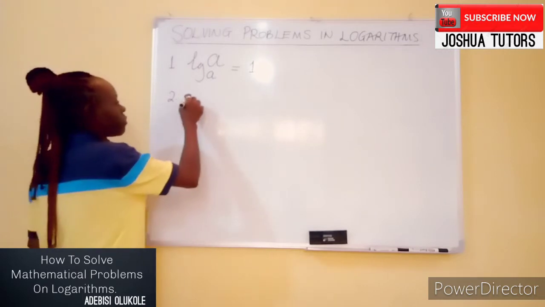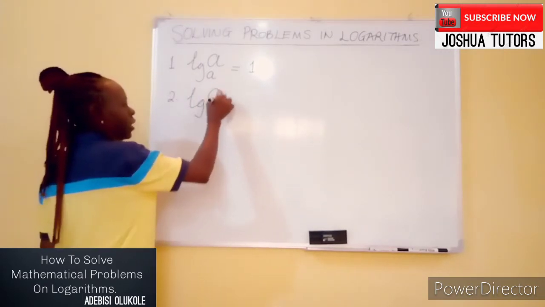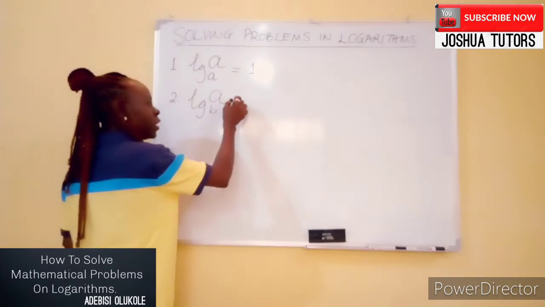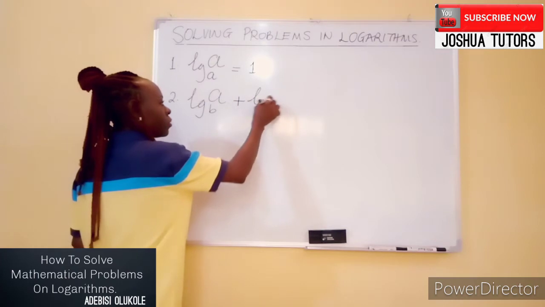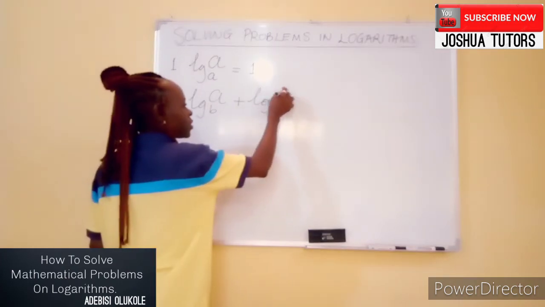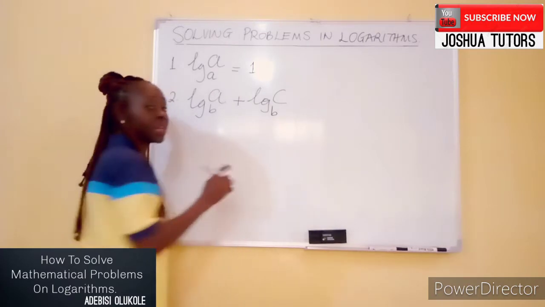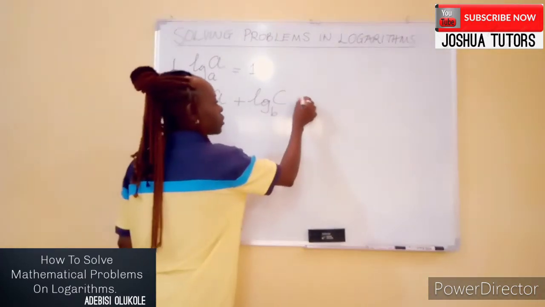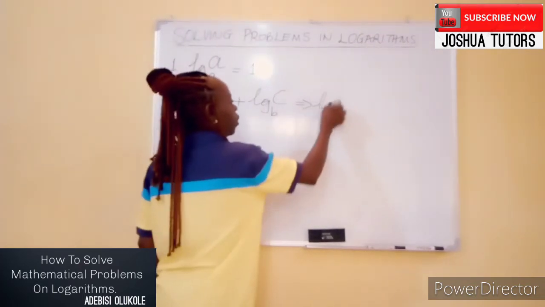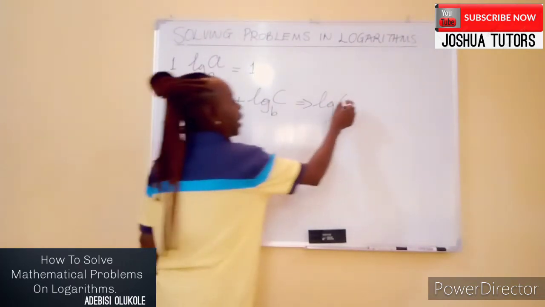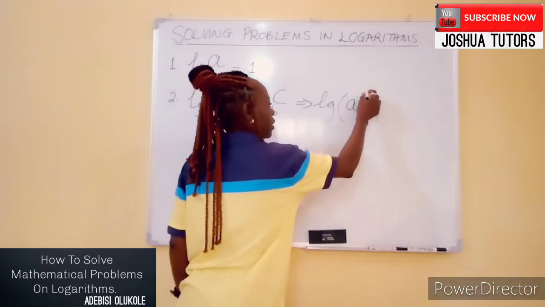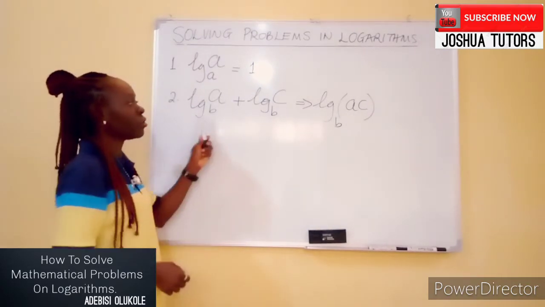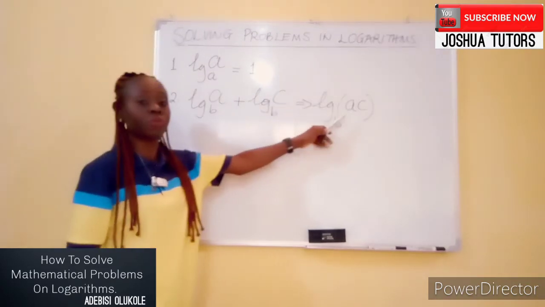It states that if I have log a to base b, plus log of c to the same base b, take note, the bases must be the same, this is automatically equal to log of a times c to base b. So whenever you see logarithm expanded as addition, it's actually coming from multiplication.